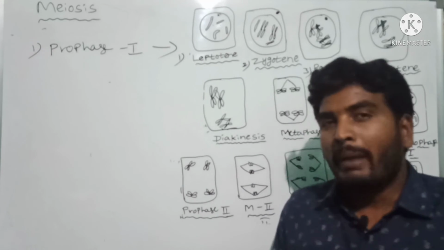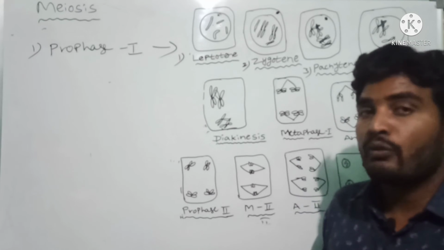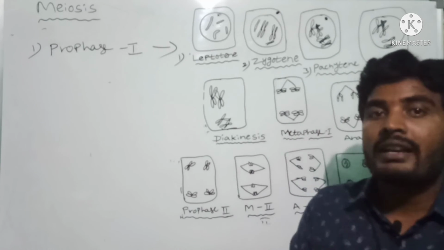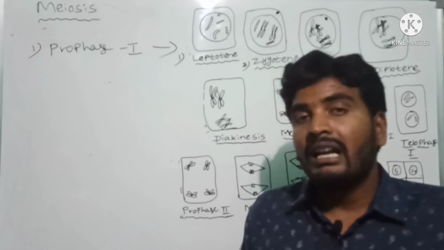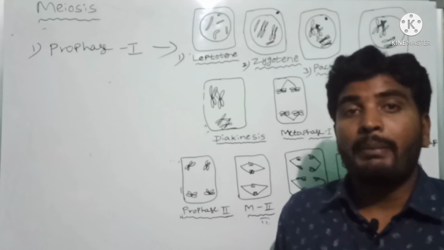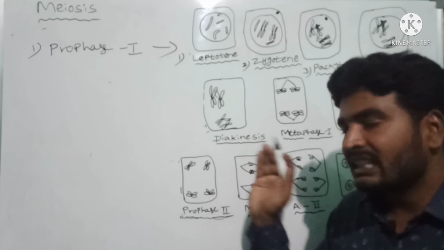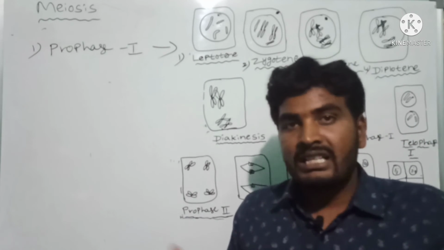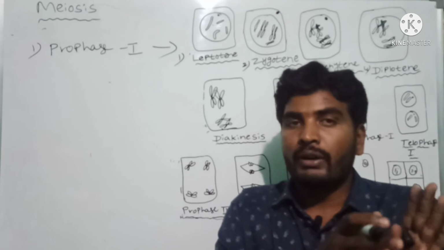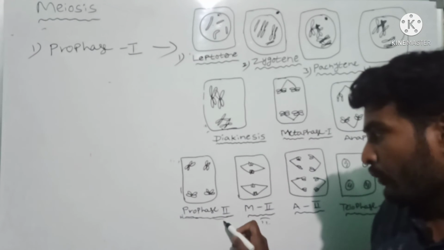Chromatin material will condense to form chromosomes. The chromosomes can split longitudinally except at the centromere position to form chromatids. The nuclear membrane and nucleolus disappear, and chromosomes can migrate from the nucleoplasm to the cytoplasm. These are the changes in prophase 2.